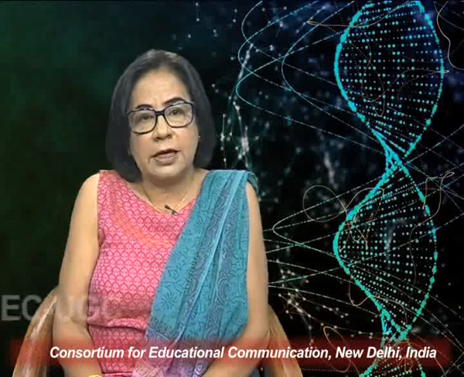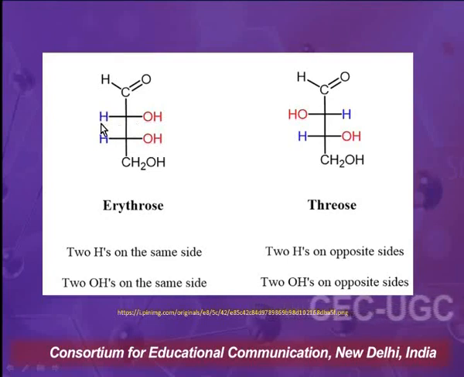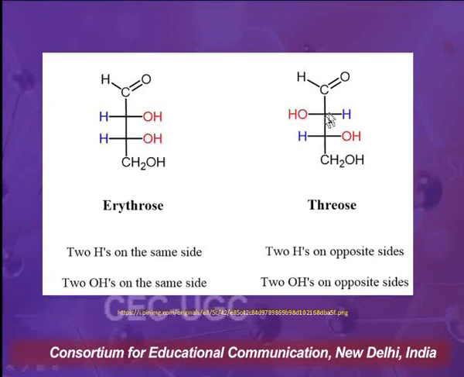So in erythrose, this carbon is chiral and this carbon is chiral, and both the OH are on the same side of the Fischer projection, and both the hydrogens here are also on the same side of the Fischer projection. So this is the erythrose form. Whereas in the threose form, the two OH are on the opposite sides of the Fischer projection.